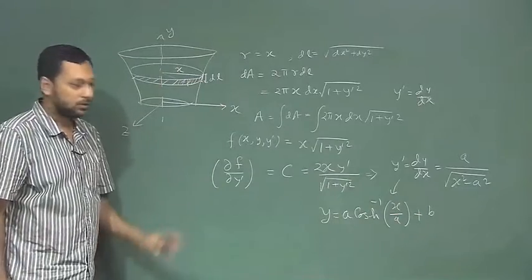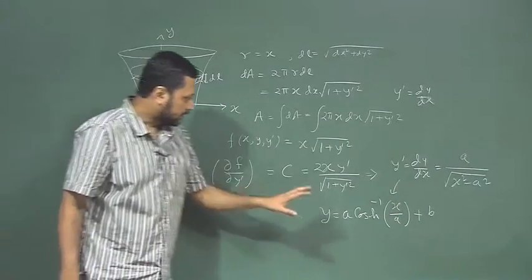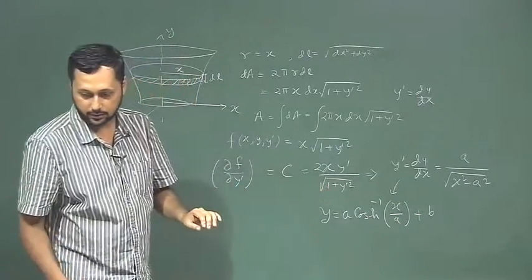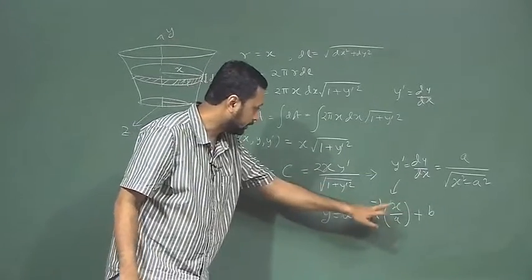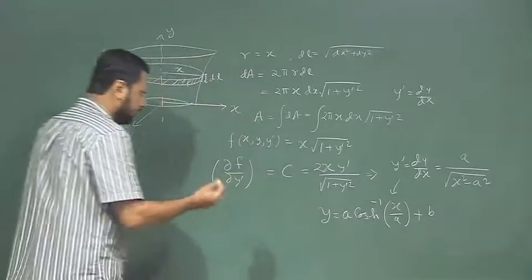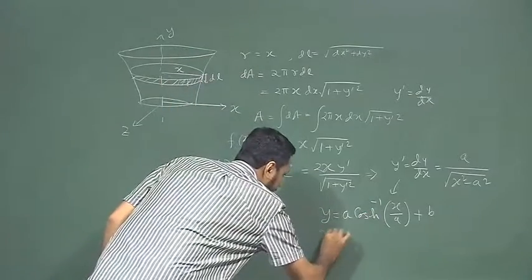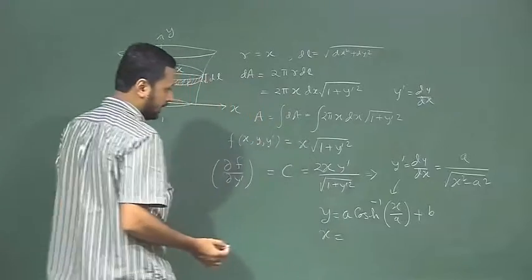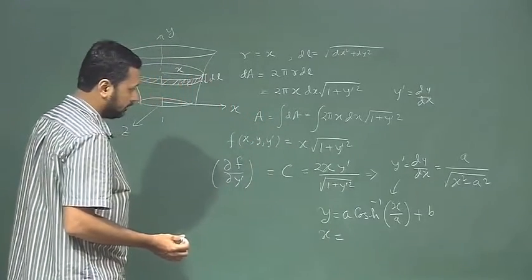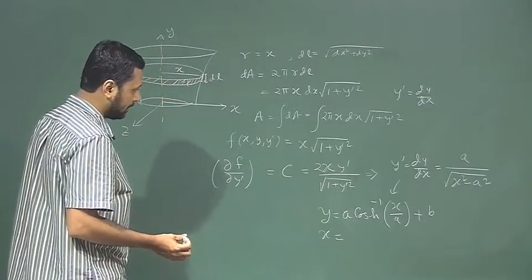Okay. So, we see that this is y equal to a cos hyperbolic function, which will lead to a functional form of x, which is, y minus b will come, yeah.